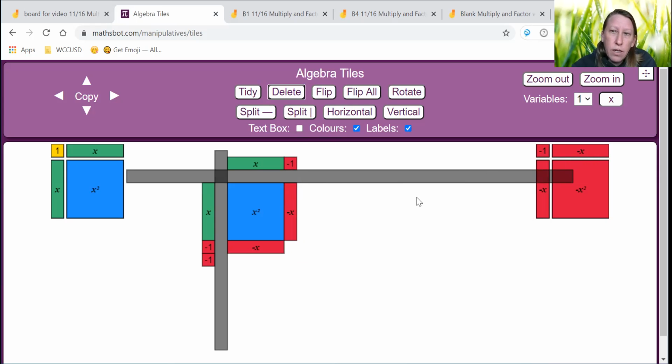Same thing over here. I need some negatives. I can copy that down. And then -1 times -1. What's going to fit right here? Positive 1. Because -1 times -1 is positive 1. That is what it looks like when you multiply x minus 2 times x minus 1.